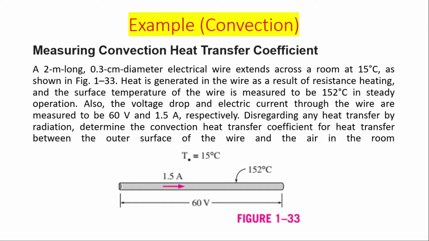The next thing is the surface area. We are given the length and the diameter of the wire, so we can calculate the surface area. The next thing is to calculate the net heat rate, which is calculated in the next slide.